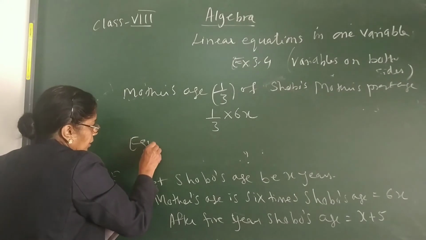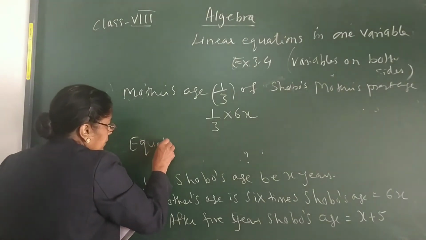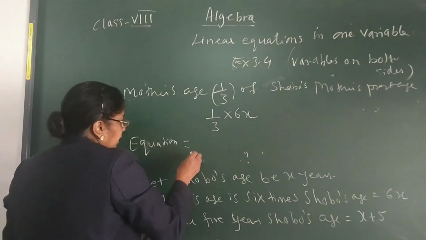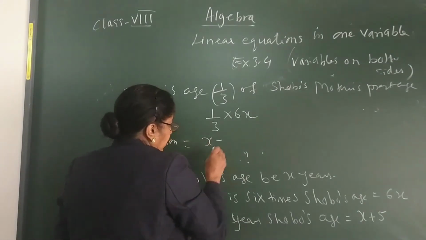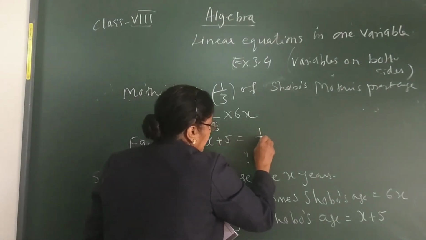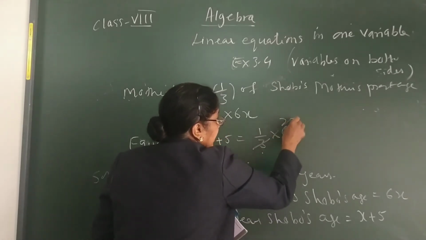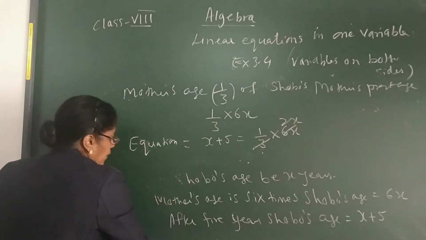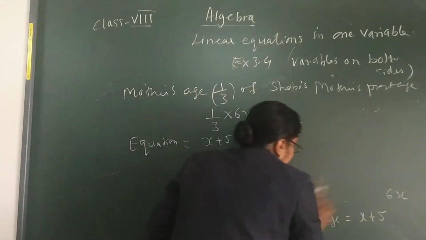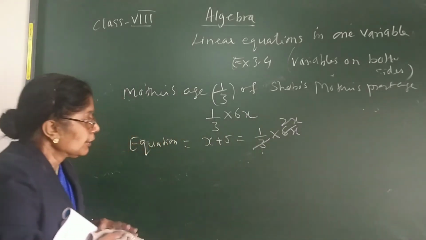So what will be your equation? The equation will be x plus 5 is equal to 1/3 into 6x. 3 and 6x can be cancelled. How much will it become? 2x. So x plus 5 is equal to 2x.